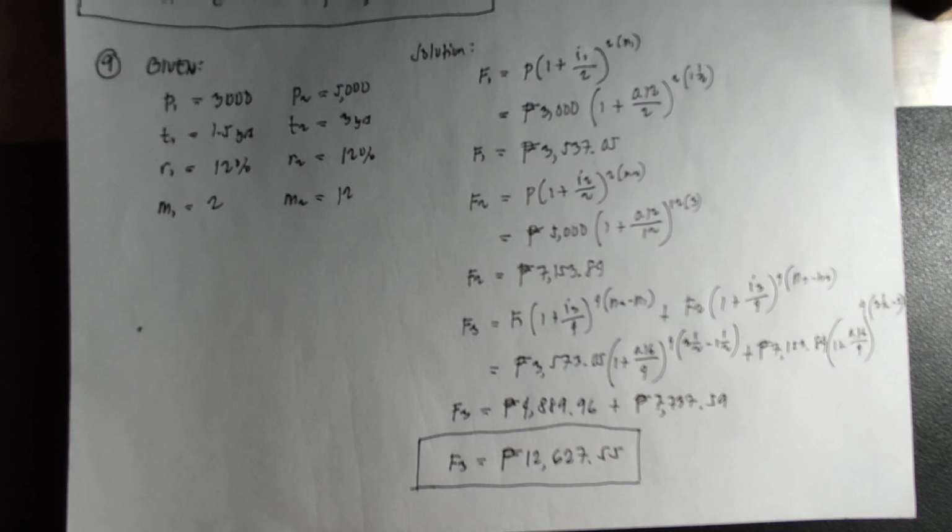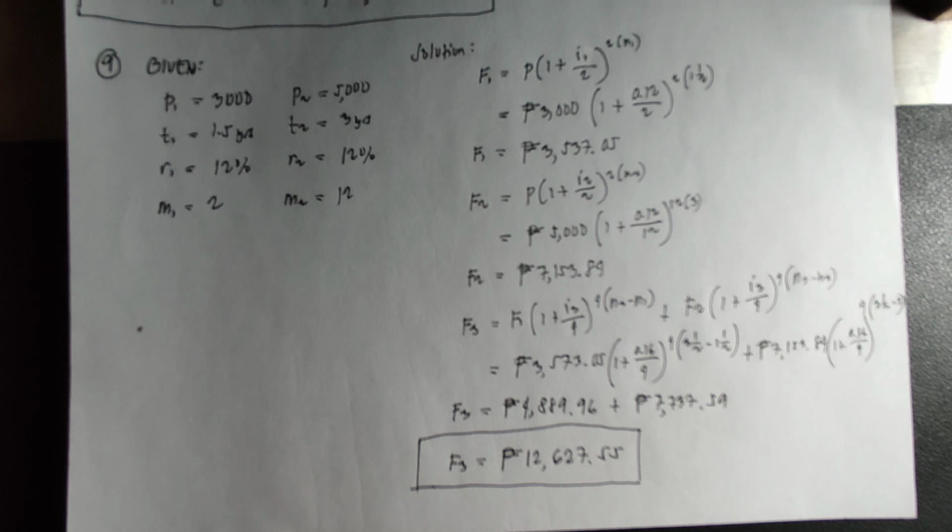Then finally, we will find F sub 3 by using the recent values we got. So we will use F sub 3 is equal to F sub 1 multiplied to the quantity of 1 plus 0.16 over 4 raised to 4 multiplied to the quantity of n sub 3 minus n sub 1, plus F sub 2 multiplied to the quantity of 1 plus 0.16 over 4 raised to 4 multiplied to the quantity of n sub 3 minus n sub 2.